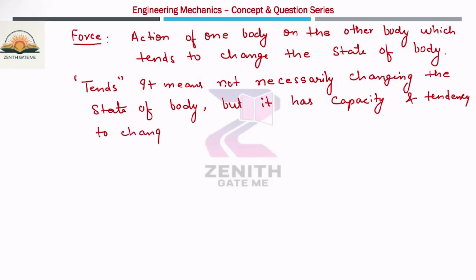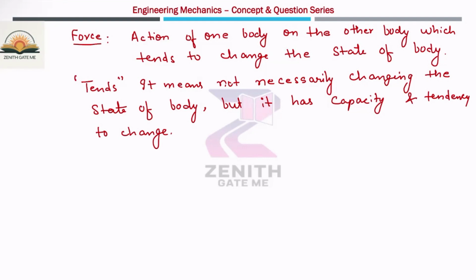That means suppose a body is in the rest condition, if you apply the force, the body will change its state from rest to motion, or if the body is in motion, if you apply the force, then the body will come into the rest position.